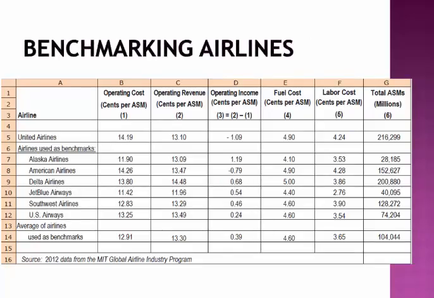And in your Chapter 7 text, they give us an example of some calculations that are performed for the airline industry. And basically what they have done here is they break down cost and revenues by what is called the available seat mile.